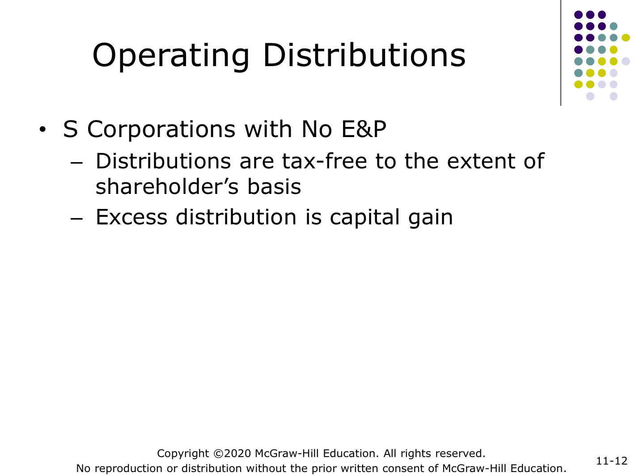Just like with C corporations, we have distributions that are classified as operating distributions from an S corporation. If you have S corporations with no earnings and profits, the distributions are tax-free to the extent of the shareholder's basis, and any excess distribution is treated as a capital gain. There are different rules for S corporations with earnings and profits.